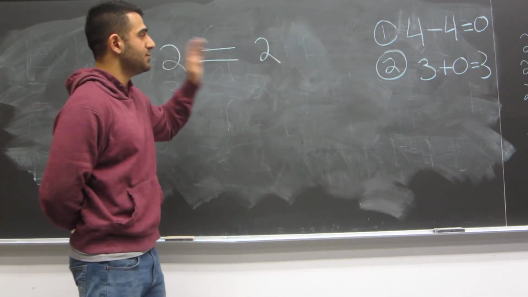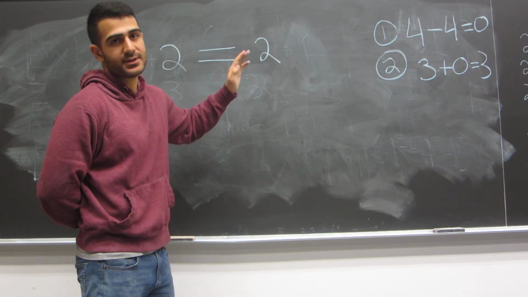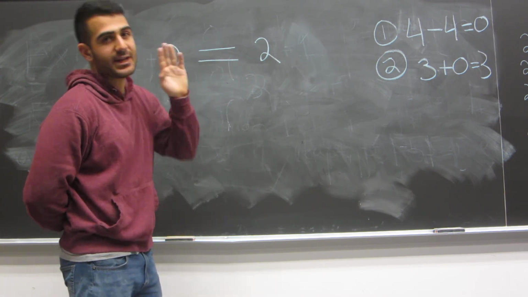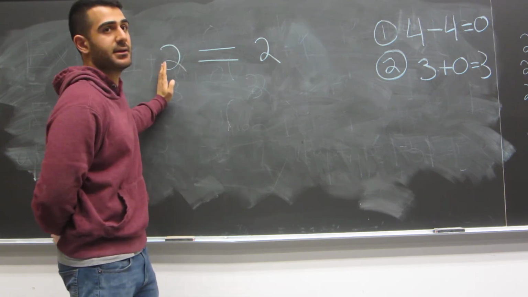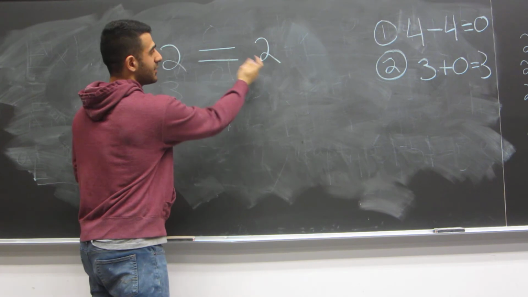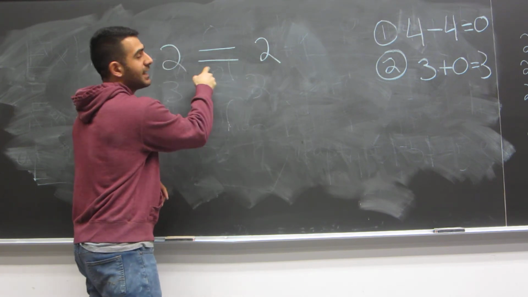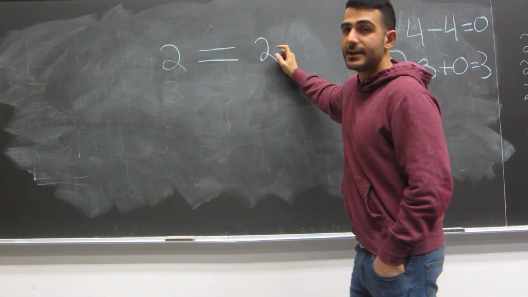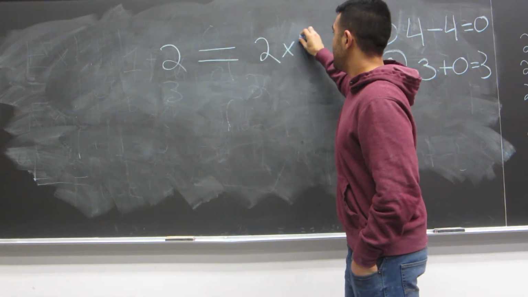So remember, anything I do to one side, if I want the equality symbol to still be true, I have to do that exact same thing to the other side. Anytime you find yourself doing anything on one side in algebra, you have to do that same thing on the other side if you have an equal sign. So for example, let's say I multiplied the right-hand side by 3.